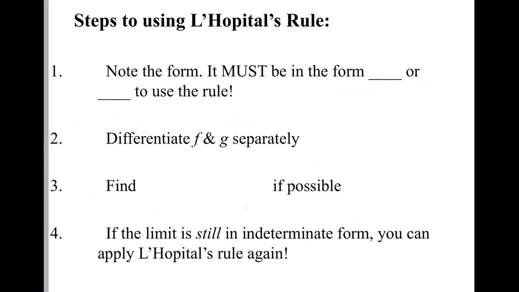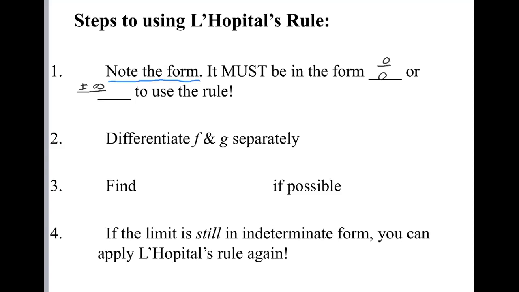The first thing I want to do when I use L'Hopital's rule is note the form. In order to apply this rule, it must be in the form 0 over 0, which is the form that was mentioned in the previous problem, or one of the infinity over infinity forms.